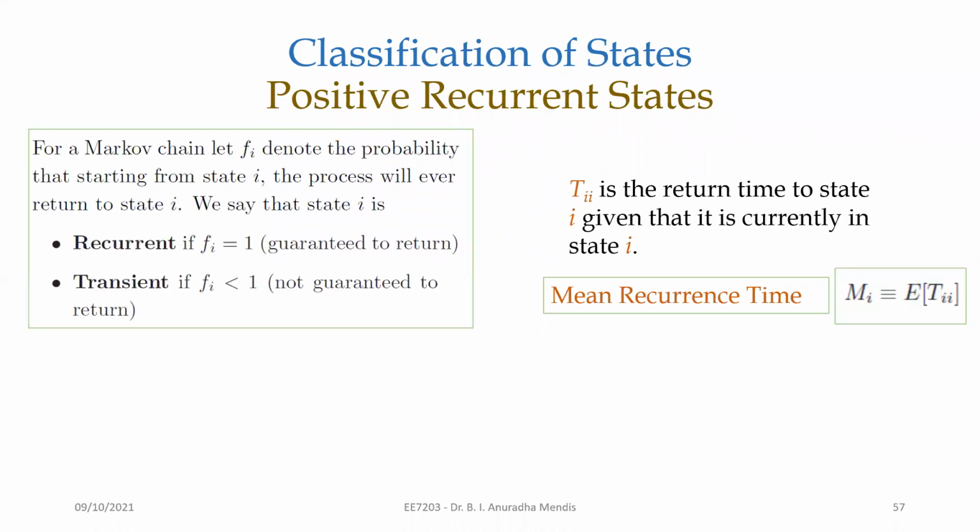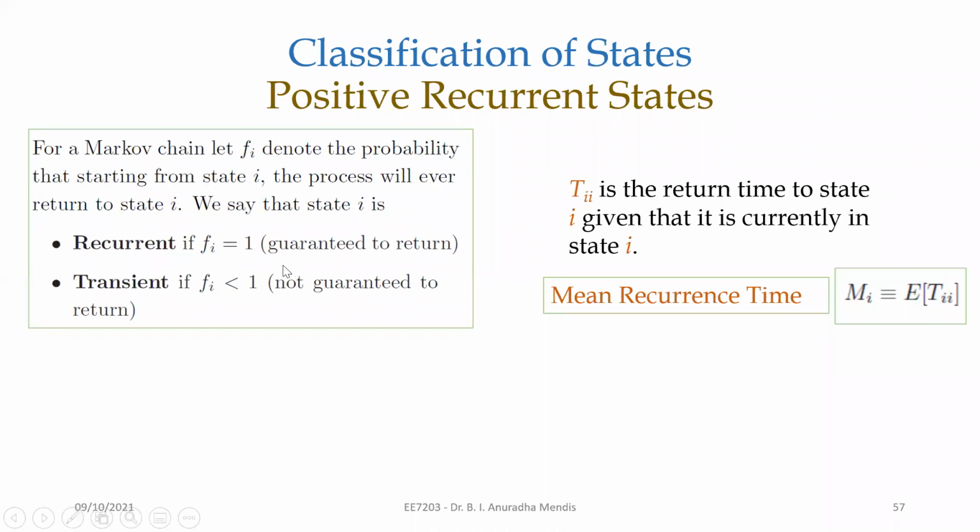Now you have to remember this information separately. Now look at this one. For a Markov chain, let Fi denote the probability that starting from state I, the process will ever return to state I. What is the probability, what is the guarantee, that you will come to the same state I after some time?